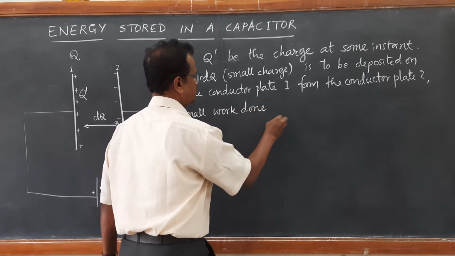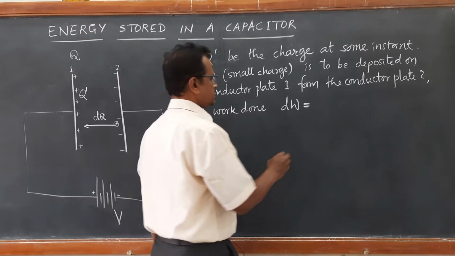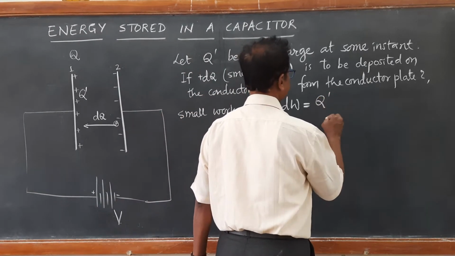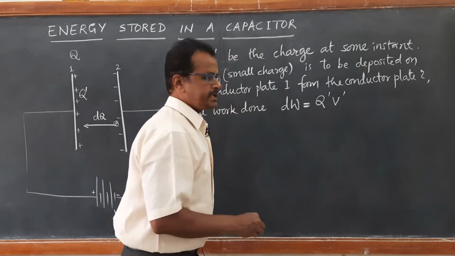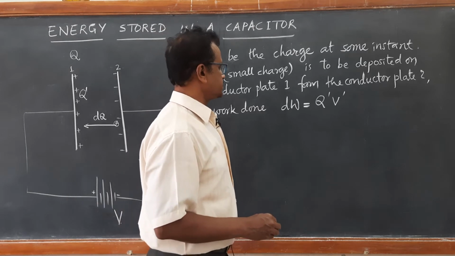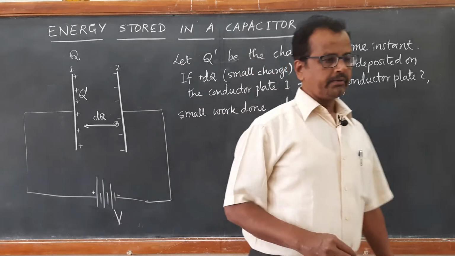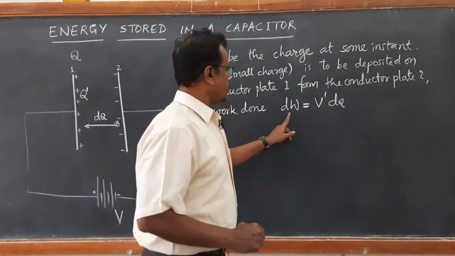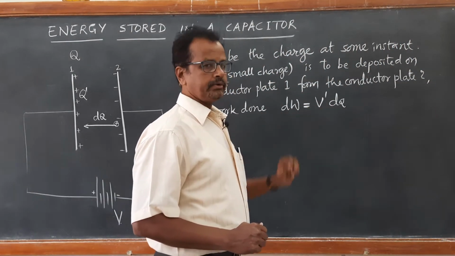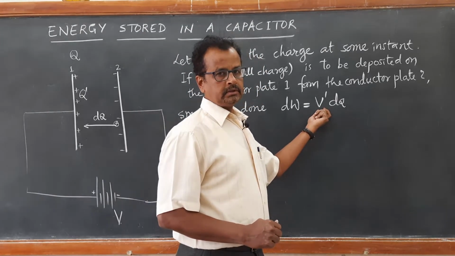Small work done, dW, is equal to V dash into dq. It is not Q dash into V dash; it is V dash into dq. The small amount of work done is dW equals V dash into dq, where V dash is the work done per unit charge.